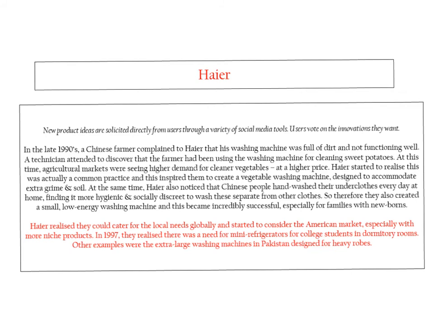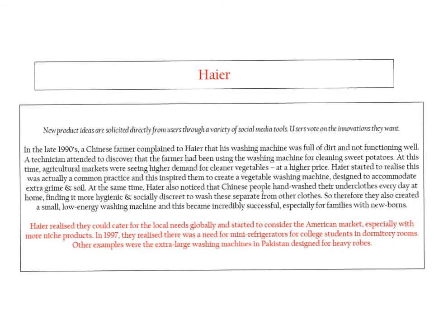So they created this washing machine, which is definitely adapting to local tastes. They also noticed, and this is just another example, that Chinese people often hand wash their underclothes or underwear. They wouldn't wash it with the rest of their clothes, for cultural reasons: they thought it was more hygienic to wash it separately, and there was also a social factor.